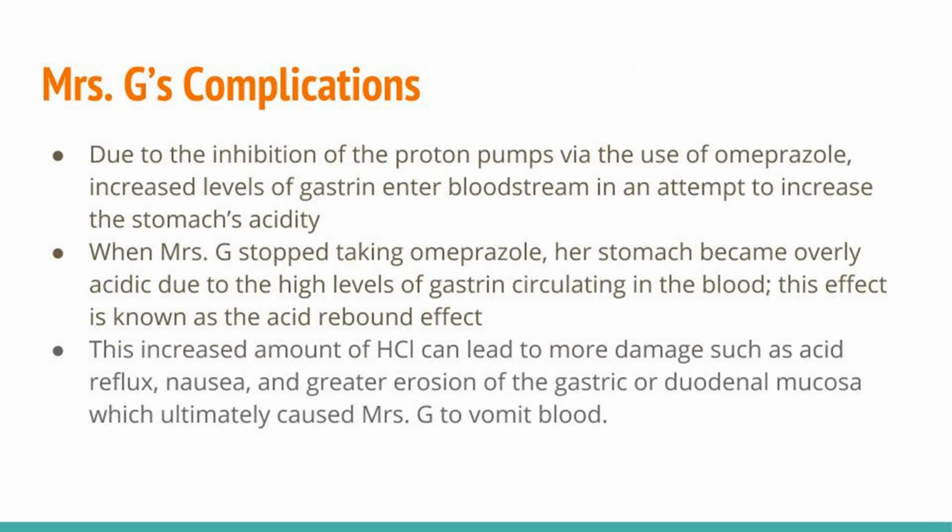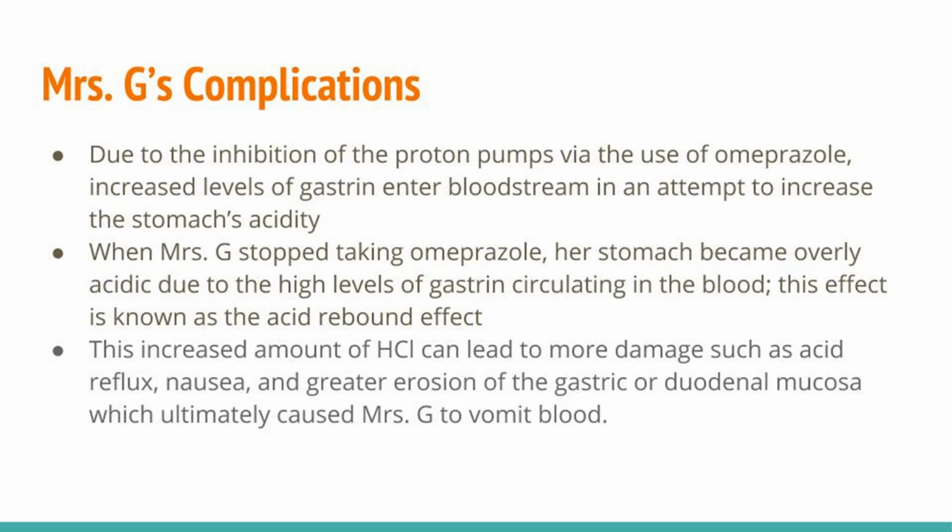When on omeprazole, Miss G's cells were releasing more gastrin, the hormone that signals for gastric acid to raise acidity levels, in order to combat the downregulation of the hydrogen-potassium ATPase and attempt to raise the acidity. Once the omeprazole was discontinued, there was a hypersecretion of acid due to the high levels of gastrin hormone found within her bloodstream. This is known as hypergastrinemia.